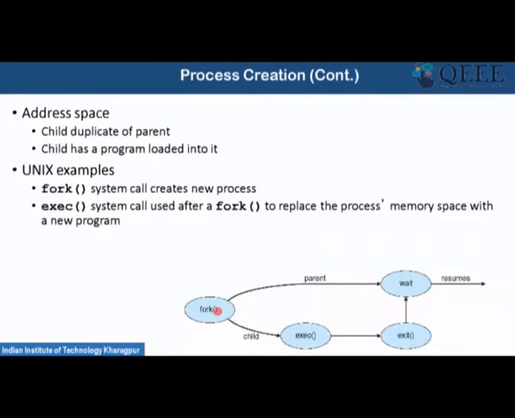So the fork system call creates a child process, and the parent goes to the waiting state based on the way you are writing your code, and then you can use the exec system call to load a new program inside the child's memory space. And once the child exits, then based on your primitive, you can resume the process of the parent, or sometimes the parent and the child can also execute simultaneously.